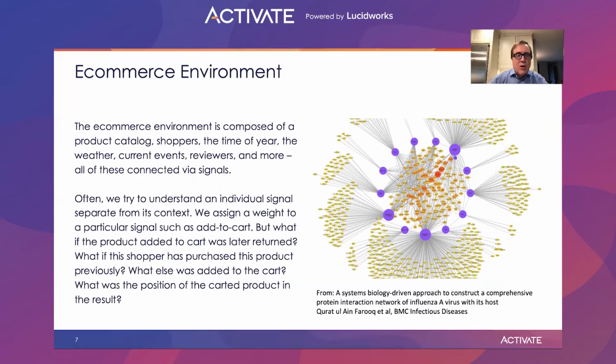What else is in the cart when we added that product to cart? And what's the position that the product was found in some search result list before it was carted? Maybe there's something there we should be paying attention to. Maybe that's a costlier signal when someone has to scroll down and find something before they cart it.